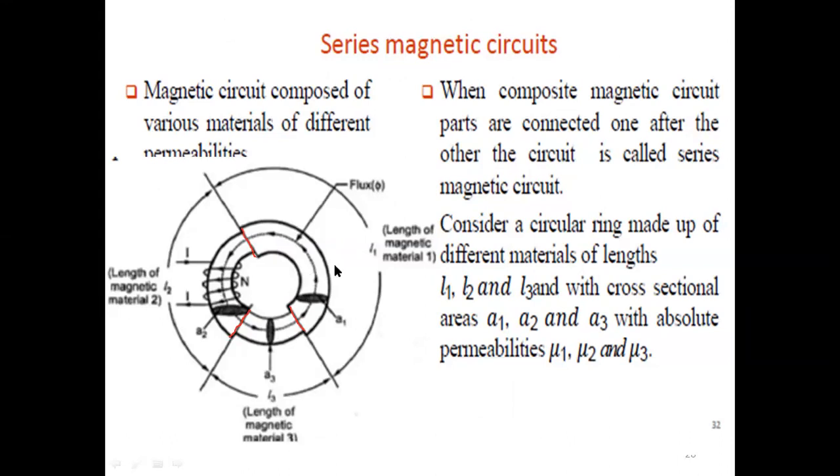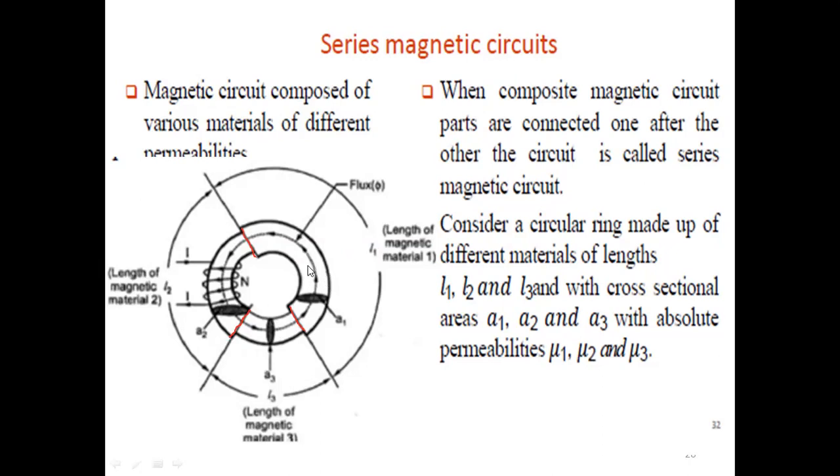In the comparison of electrical circuit and magnetic circuit, we considered that the voltage drop across the total circuit is nothing but the summation of the individual voltage drops. Similarly, MMF1 plus MMF2 plus MMF3 gives the total MMF of the circuit.